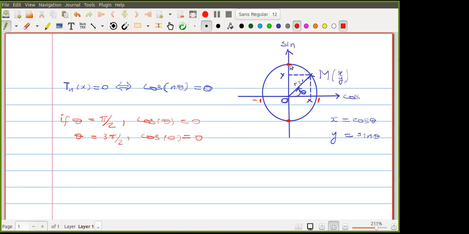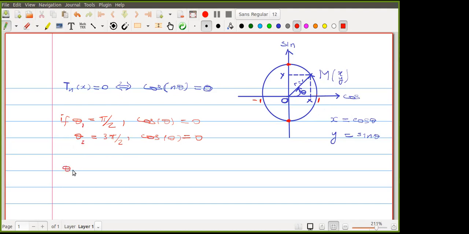Okay. But if I am at this position and I rotate by 2 pi, we know that cosine is 2 pi periodic. So if I rotate by 2 pi, I will find myself at the same position. So meaning that this angle, actually, I can write the first one. Let me call this theta 1 and this theta 2.